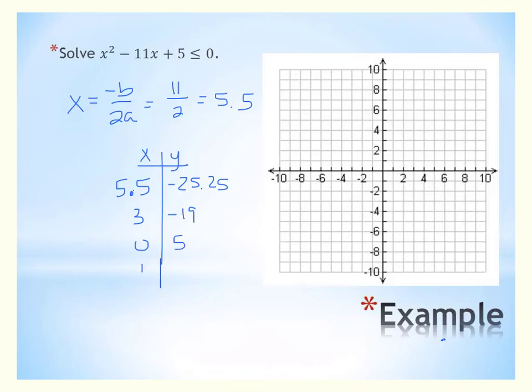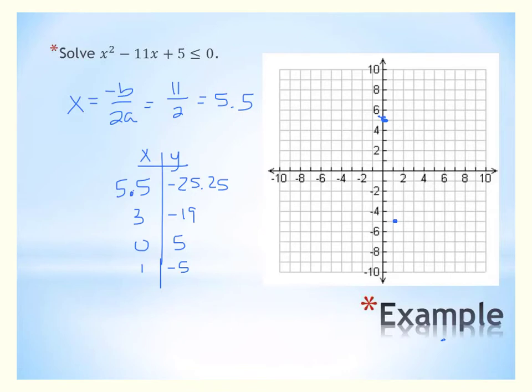So let me go back and do 1. At 1, I'm at negative 5. All right. So this presents a few problems here. So here at 0, I'm up here at 5, but at 1, I'm at negative 5. And if I'm wanting to solve this, I really need to know where it crosses the x-axis.